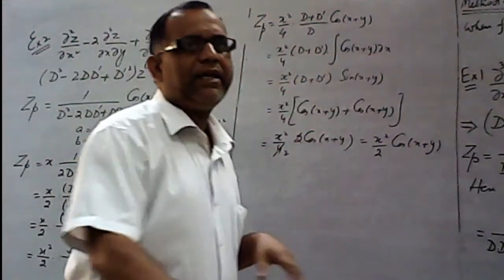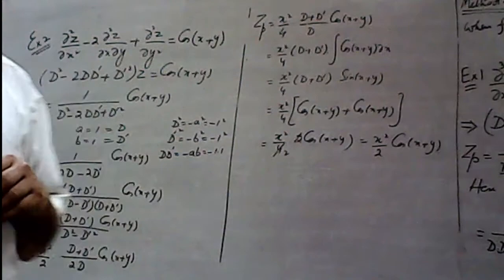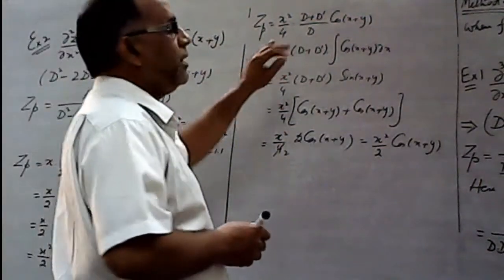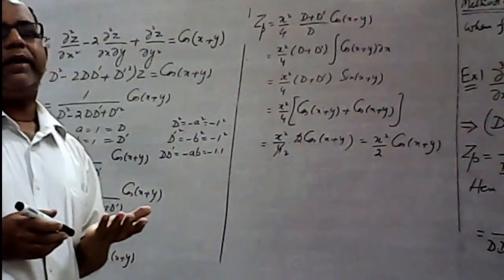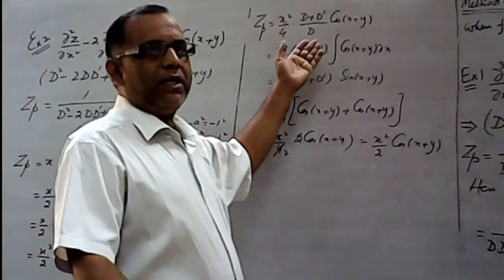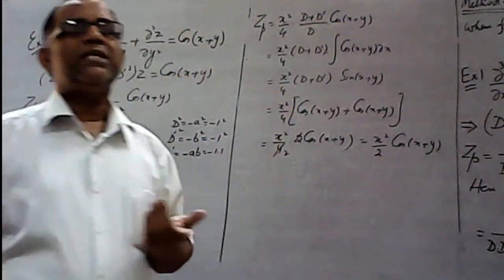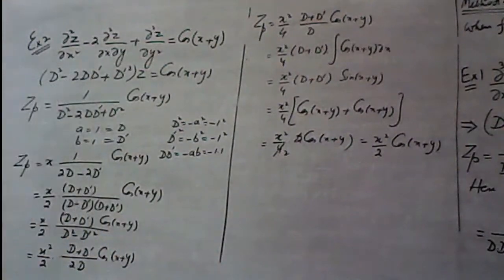And the other important thing in this example is that if you have a linear D, then you can make it quadratic, but the other way around is to use the integral. The same thing we discussed in higher order ODE as well.